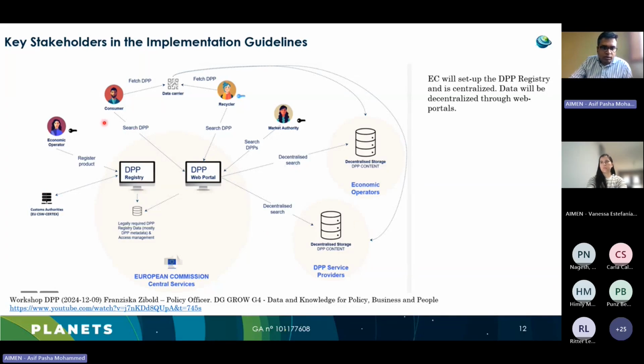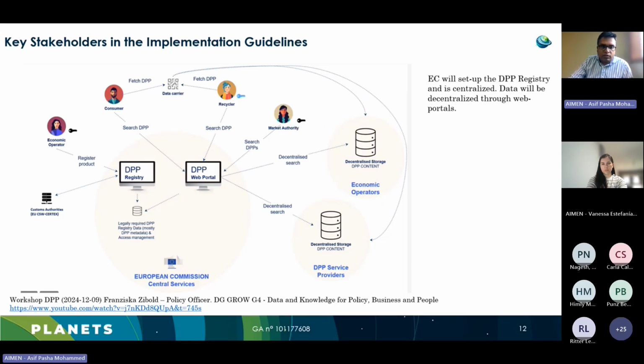Economic operators and DPP service providers can host DPP content like the detailed product information and so on in decentralized storages. And the web portal here can perform the decentralized searches to retrieve this content. So the interaction here is the economic operators enter the metadata into the DPP registry, and the detailed content will come from different sources.